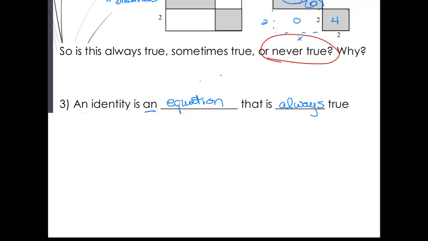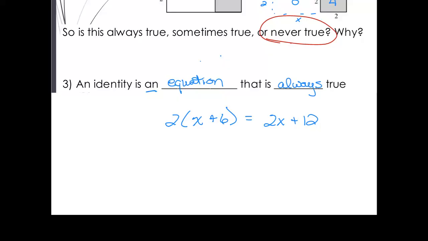And the one that several of you did pick up is when you're using the distributive property. So when it said 2 times x plus 6, and they gave you 2x plus 12, some of you said, yeah, that's an identity, because what you get on the left-hand side is always going to give you something on the right-hand side.